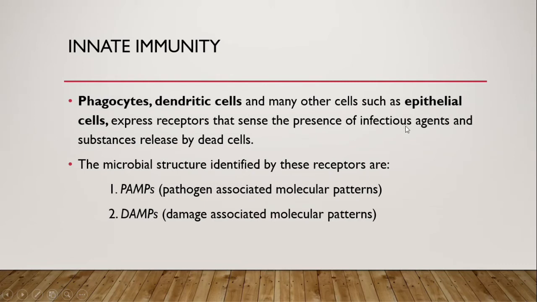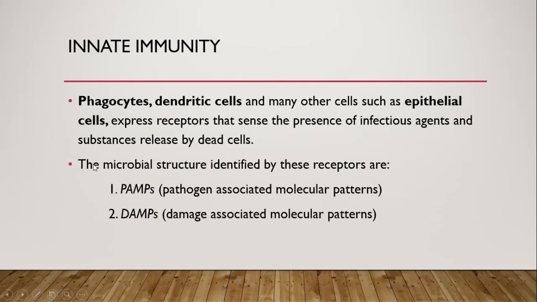One of the functions of our immune system, the innate immunity, is the recognition of self and non-self antigens. So this recognition is made by expression of receptors that sense the presence of self or non-self antigens. So what are the microbial structures identified by these receptors?